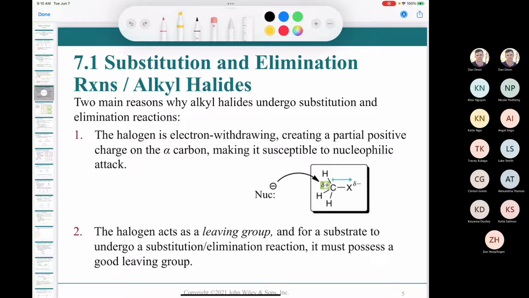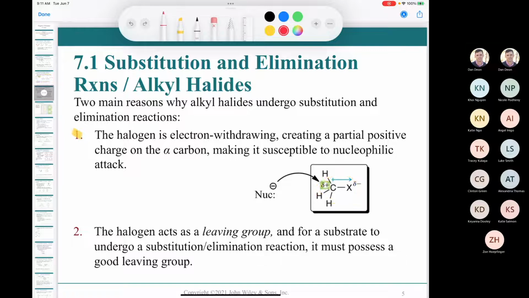It says 2 main reasons why alkyl halides undergo substitution and elimination reactions. Like, why do these things even happen? Okay, well, let's take a look. Number 1, if we look at our substrate that's got a halogen on it, we know the halogens are electronegative, so they're electron withdrawing, and that creates a partial positive charge.